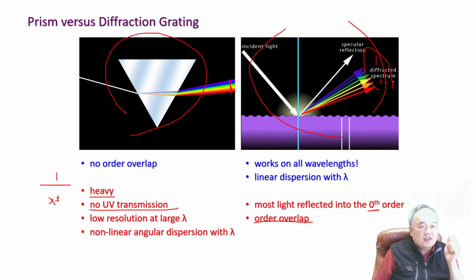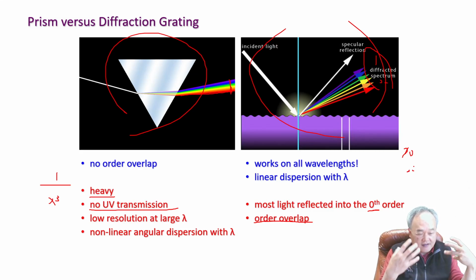So when you need to focus on the highly dispersed light, you lose great efficiency because most of the light is wasted. Only maybe a few percent of the light produces dispersed light in high orders, such as order number 10 or 20, 30, and so on. So this loss of efficiency is a great disadvantage of gratings.